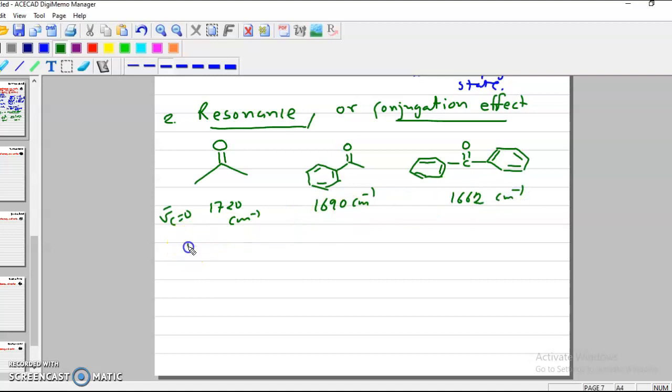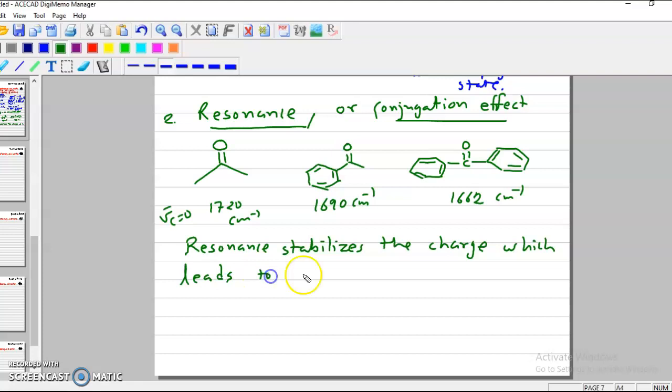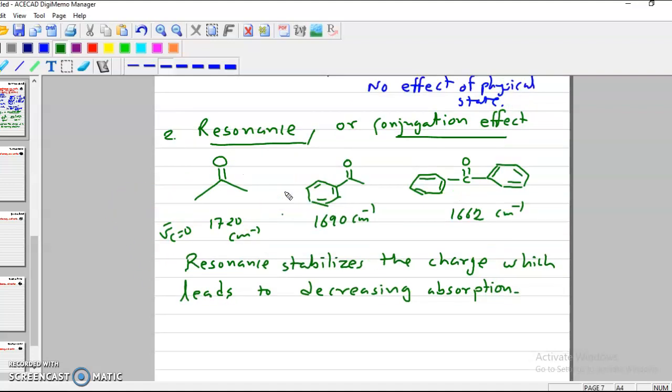So this clearly shows that resonance stabilizes the charge, which leads to decreasing absorption. So remember, due to resonance or conjugation, there is always a reduction in frequency of bands.